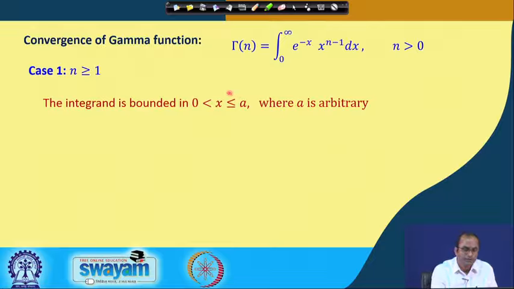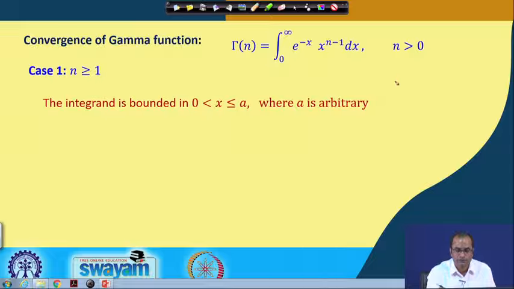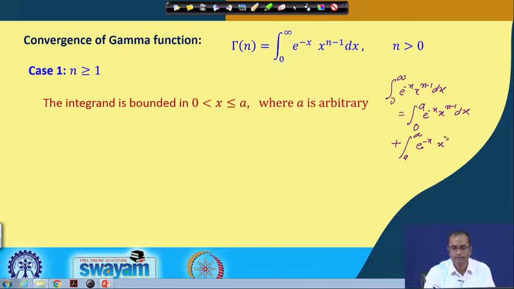So, we take 0 to a as the first integral. Meaning this 0 to infinity, e power minus x and x power n minus 1 dx, we will again take as 0 to a, e power minus x, x power n minus 1 dx, plus a to infinity, e power minus x and x power n minus 1 dx.